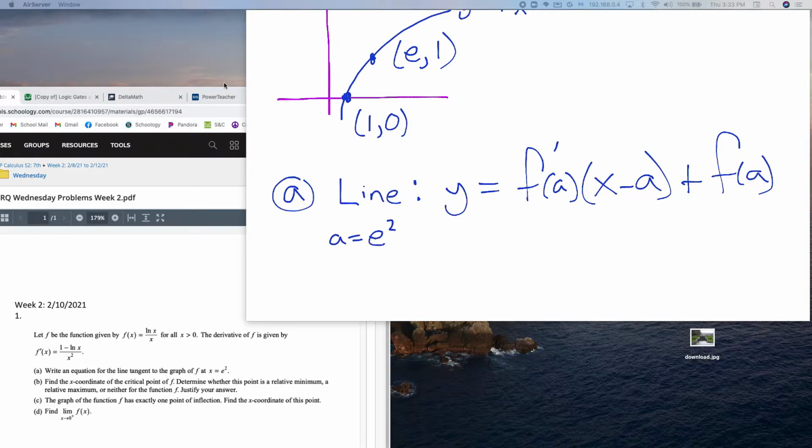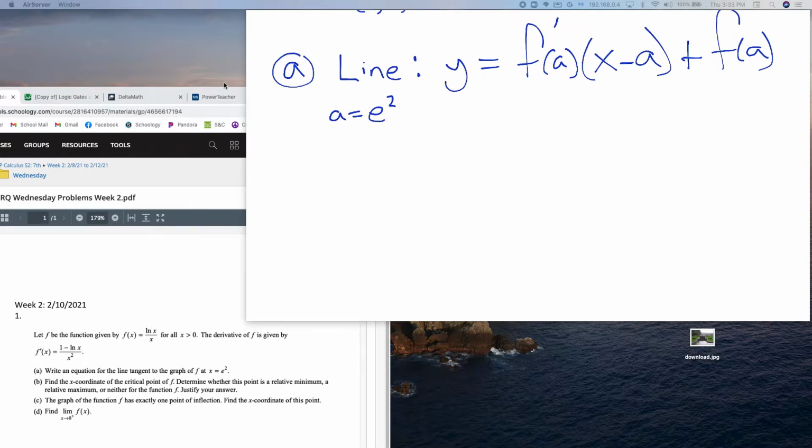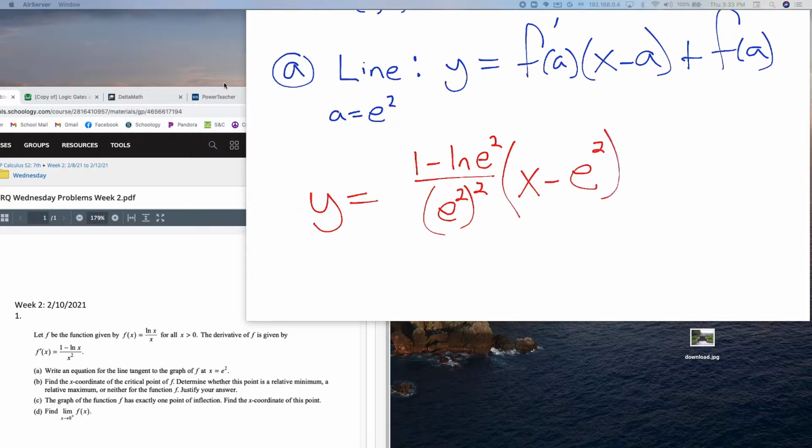So that's what we're going to put in, and we're just going to put it into the equations and leave them there. We're not going to do any kind of arithmetic thinking on this. So the answer that I would accept, that I would encourage you to write, would be y equals (1 minus the natural log of e squared) divided by (e squared) squared, times (x minus e squared), plus f of e squared, which would be the natural log of e squared divided by e squared.